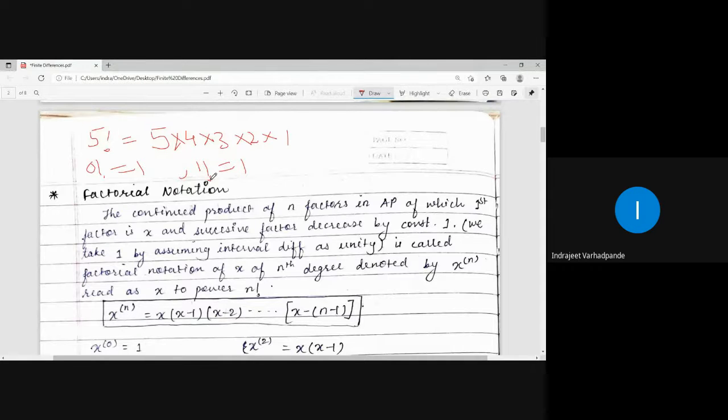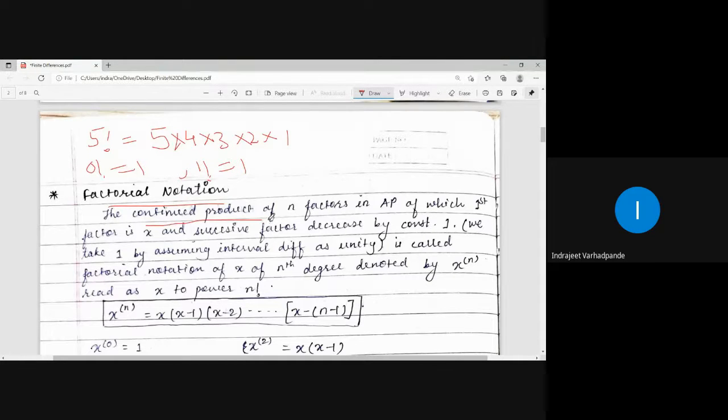Similarly, going on parallel lines with the word factorial or its definition, I will now define the factorial notation, which will be applicable for a variable. So what does this factorial notation tell us?